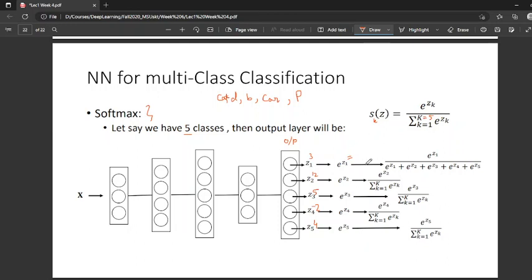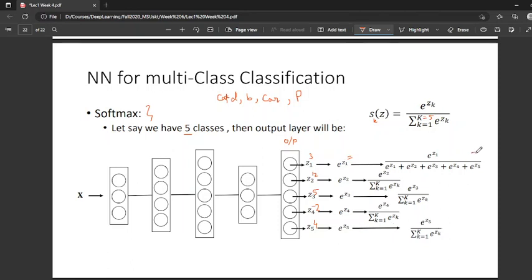Then how does softmax calculate the output? Each e value is divided by the sum of all e values. In the denominator we have the sum of all e values, and in the numerator we have e power z1, which is related to the first output node. At the second node we calculate e power z2 divided by the sum of all e's, and in the same way the value at each output node is calculated.